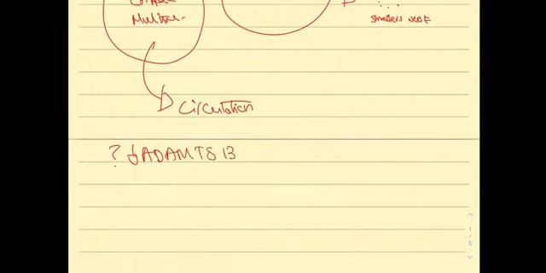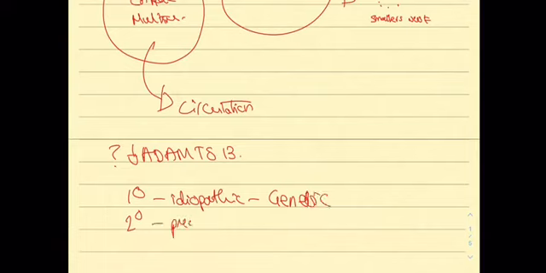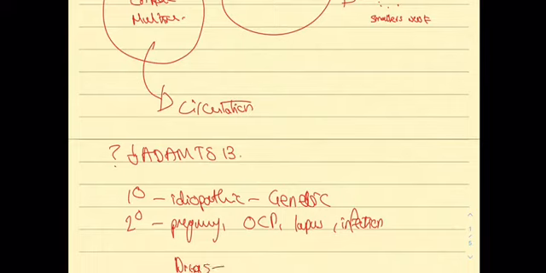Well, these can be divided into primary and secondary causes. Primary causes are idiopathic and have a genetic underlining. Secondary causes are due to pregnancy, taking the oral contraceptive pill, lupus, and infections. Importantly, drugs can also cause this, especially clopidogrel.